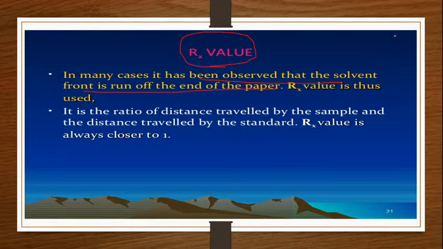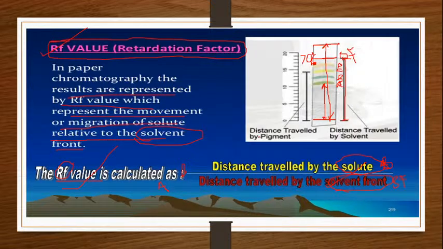If the complete paper has been traveled by the solvent, the solvent front will not be generated, and hence you cannot calculate the distance. In that case, the Rx value is used. Now what is Rx value? Rx value is the ratio of the distance traveled by the sample to the distance traveled by the standard. Remember, we have to use the standard also.